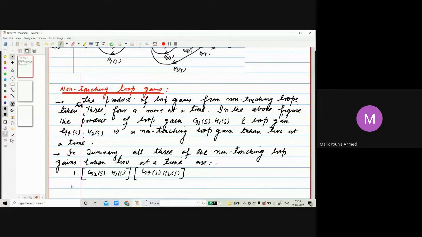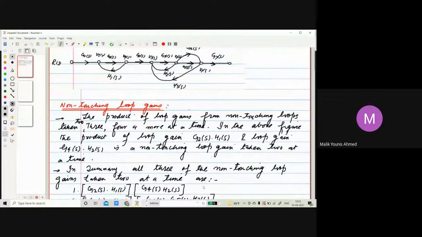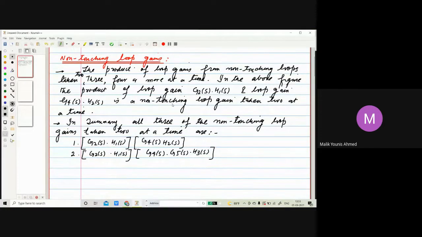Number second will be same, because this is not common with another also, H1 of S multiplied by G4 of S, G5 of S, and H3 of S. Okay, last, this is G4 of S, G5 of S, H3 of S. That I have told you already, so no need to repeat that.